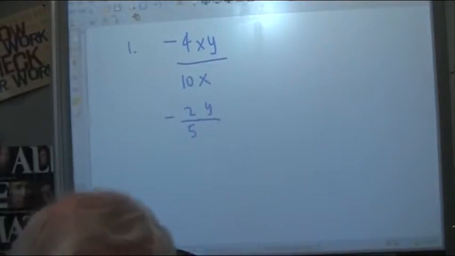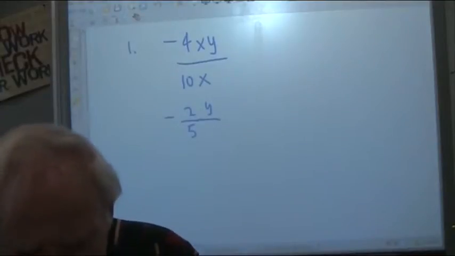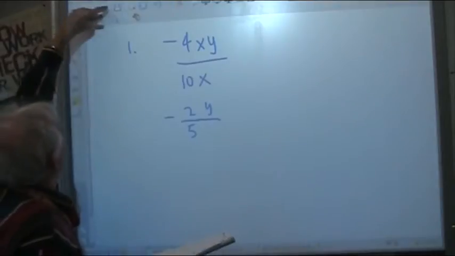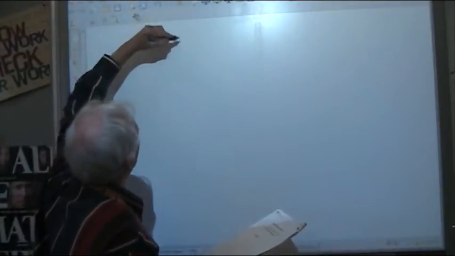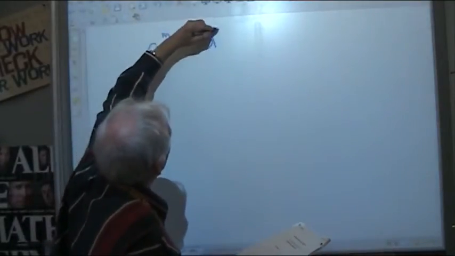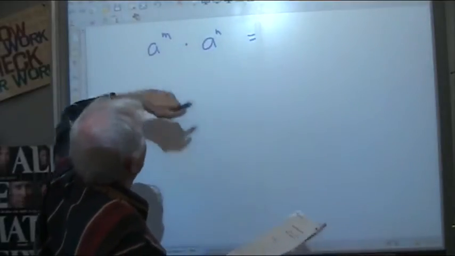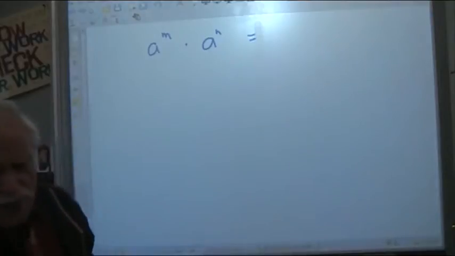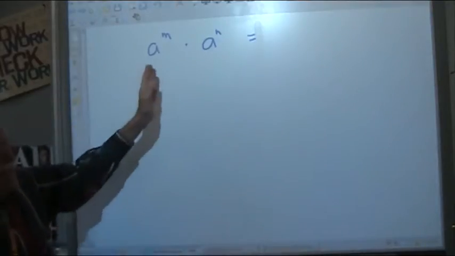Now, ladies, let's turn to page 6. This is talking about the quotient rule for exponents. Let's just back up a bit. Here we have a to the m times a to the n.